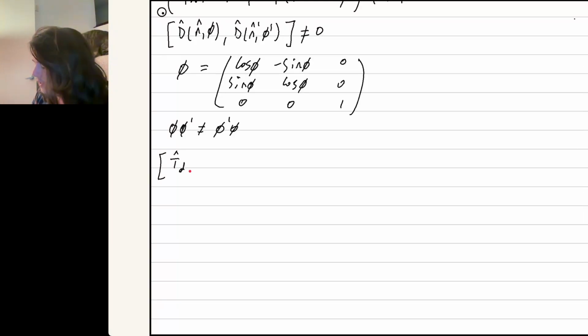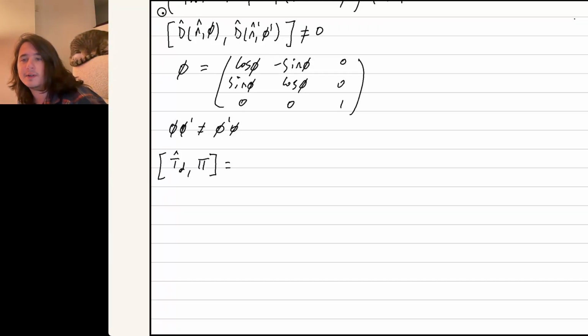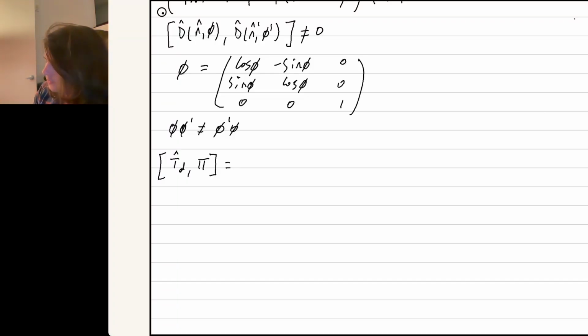For the translation operator and the, I already forgot what this is called. What's it called? A parity operator? Yeah, okay. Translation and parity, which, like before, is just TD pi minus pi TD.